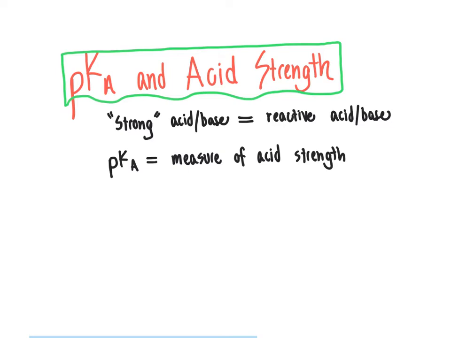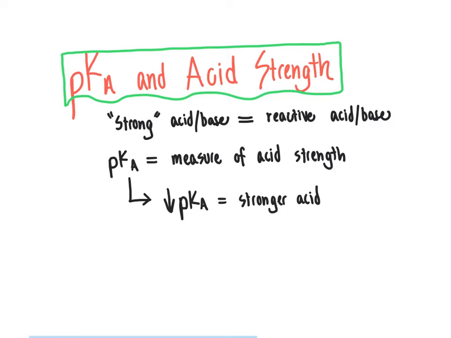So when we think about pKa and how it relates to acid strength, the lower the pKa value, the stronger the acid. So lower pKa corresponds to a stronger acid or a more reactive acid. When we talk about a more reactive acid or a stronger acid, that means that the reaction equilibrium of that molecule with a base is going to lie further toward the side of the product.